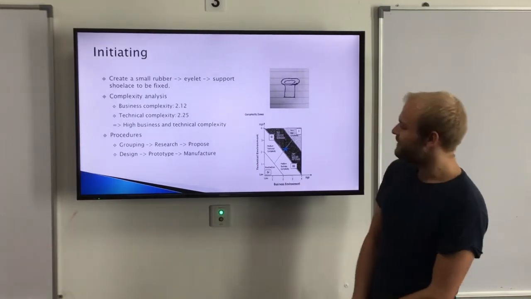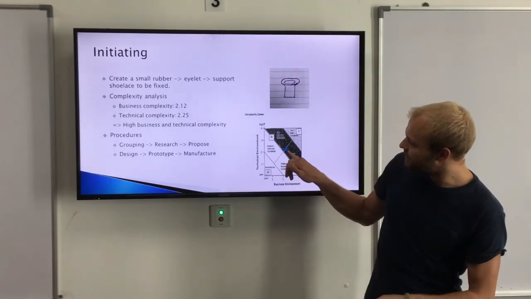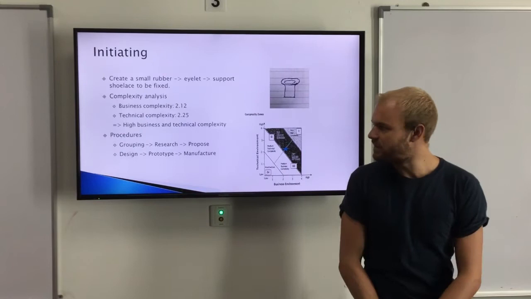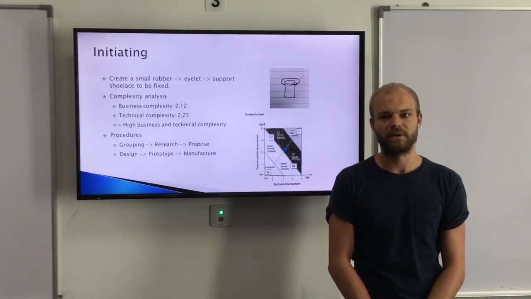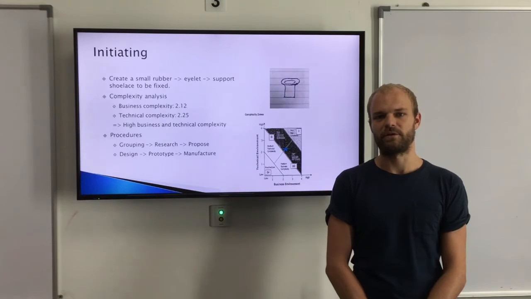On the slide you can also see that it is obviously high business and technical complexity. After that we did our different processes with grouping, research, proposal, design, prototype and manufacture.